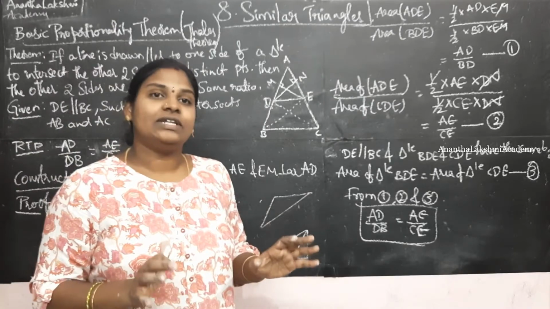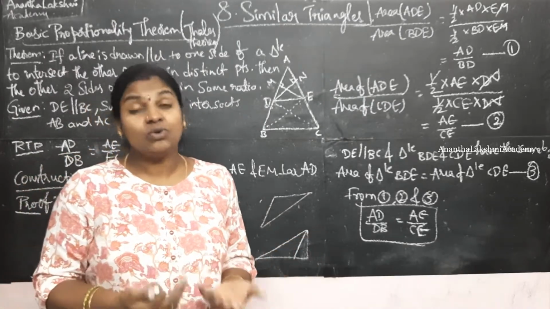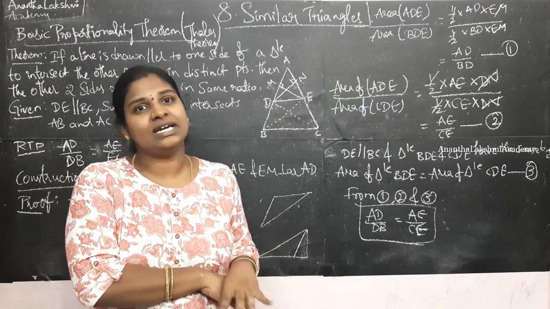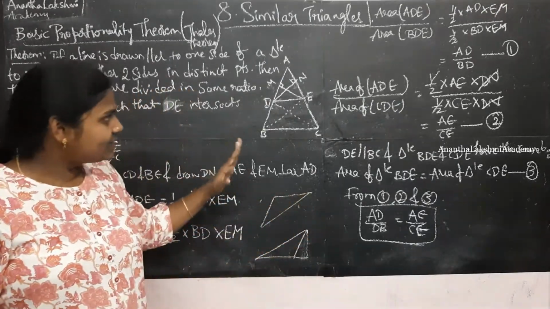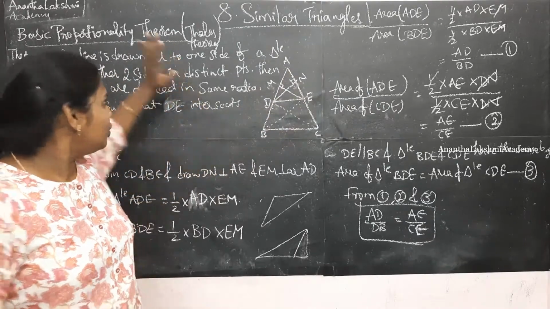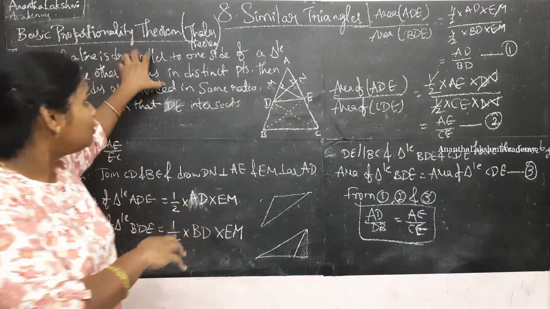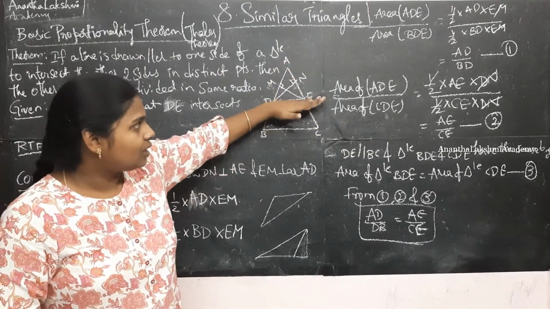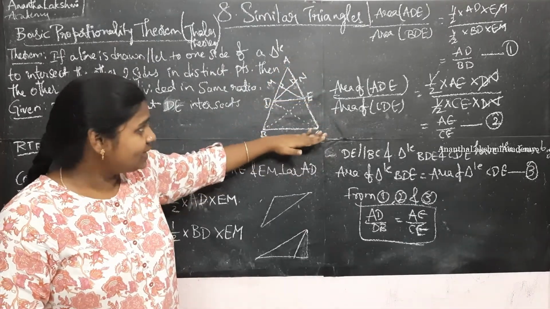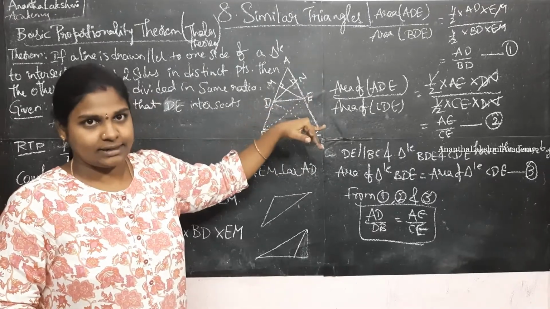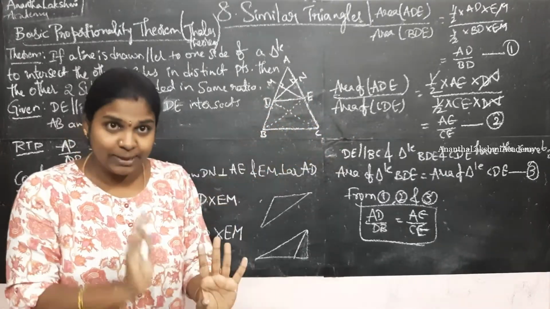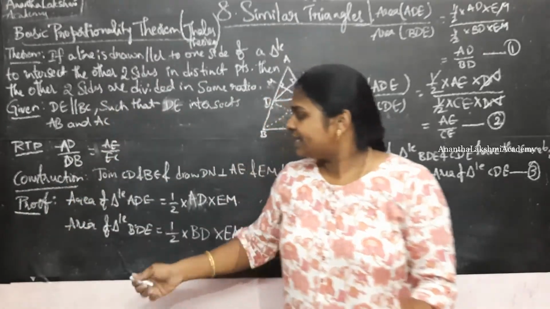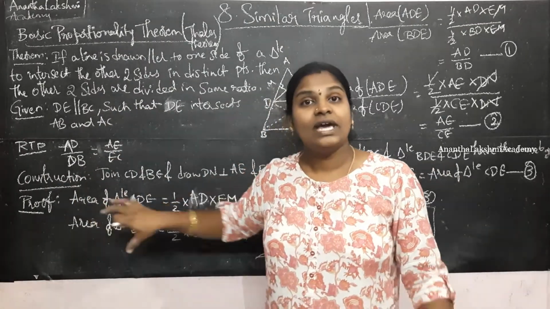Listen to it carefully. Generally when we are going through theorems, we do not understand why exactly this approach is being considered, and that is the reason I am telling you, when you are able to put these words into a figure wherein you consider a triangle, you draw a line parallel to the base and try the construction part. Okay, till here everybody will be able to do that. Now what we will not be able to figure out is why we need to consider the ratio of areas.